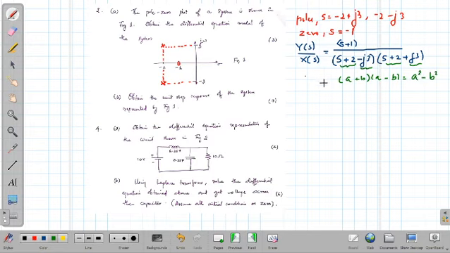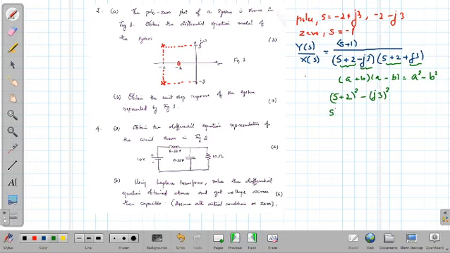Okay, so let's talk about the denominator alone. So denominator, we have a plus b into a minus b form, which is a square minus b square. So ultimately it becomes s plus 2 the whole square minus J3 the whole square. So what is this?